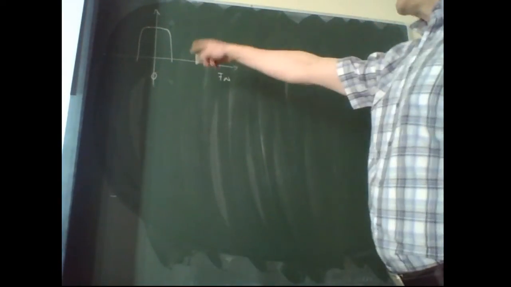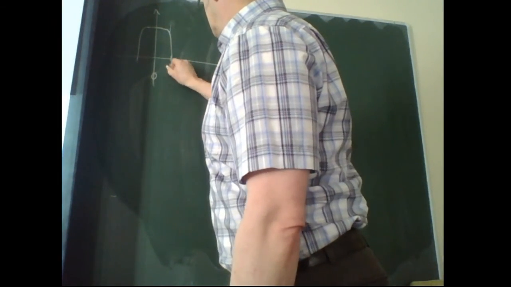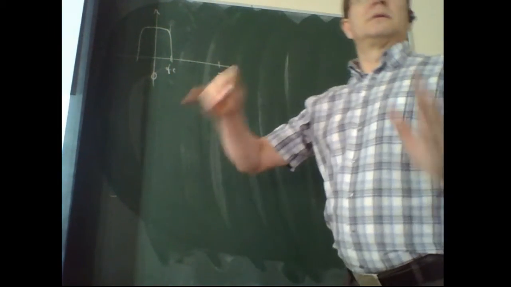Let's think about the system again on the frequency axis. I'll just, for fun, draw it so that it actually has both sides of the spectrum there, and this is a low pass filter with a cutoff frequency of something like that.